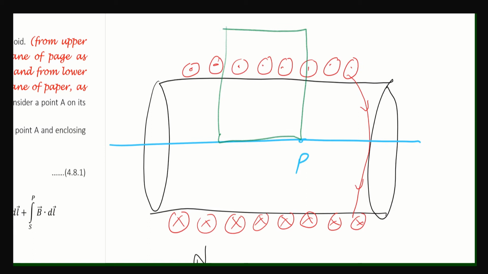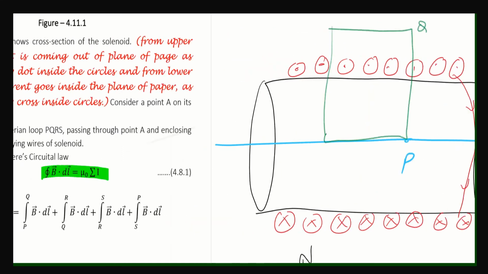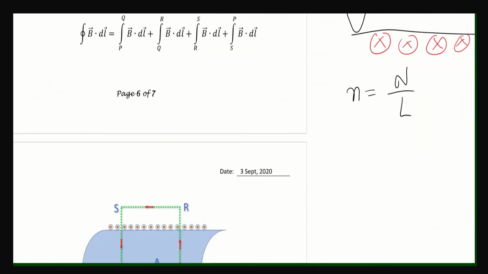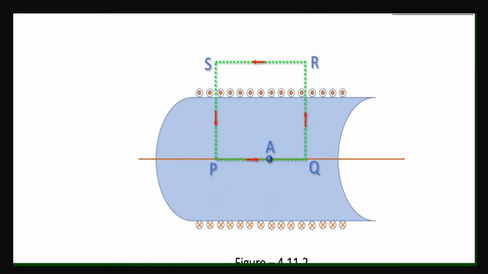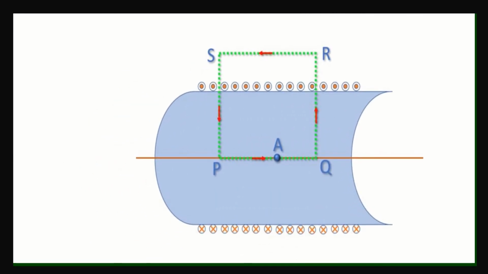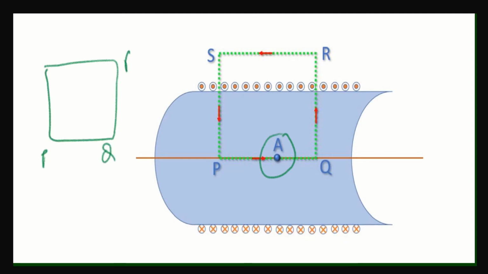Then I will consider points to be P, Q, R, S. Let us consider this figure only. We are interested in finding the magnetic field at point A, and this PQRS is the Amperian loop.